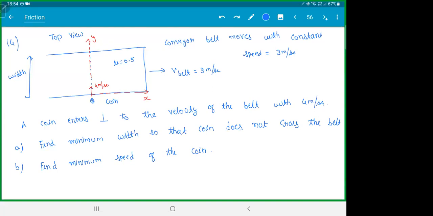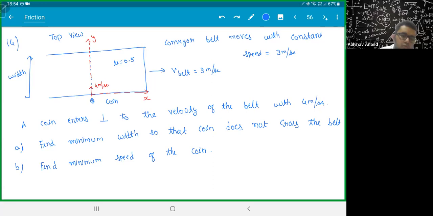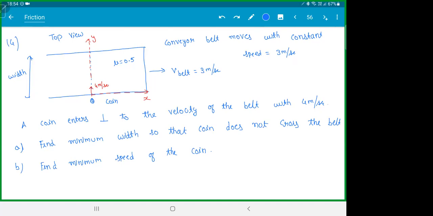You've got 3 minutes for this. Think about it. It's a good one. This should be a proper advanced paragraph. So crossing the belt means it does not fall out, right? It shouldn't cross the belt. It shouldn't fall on the other side.